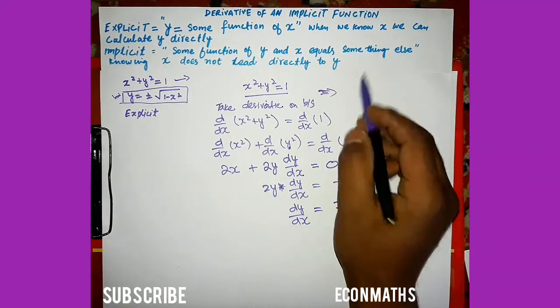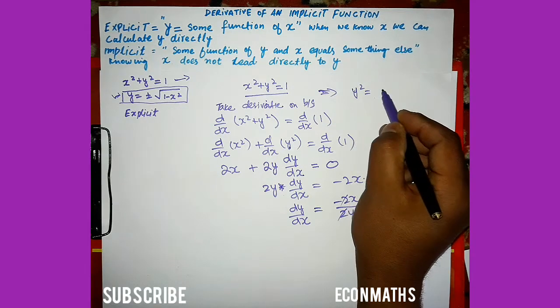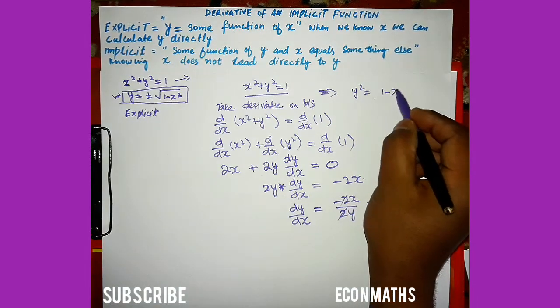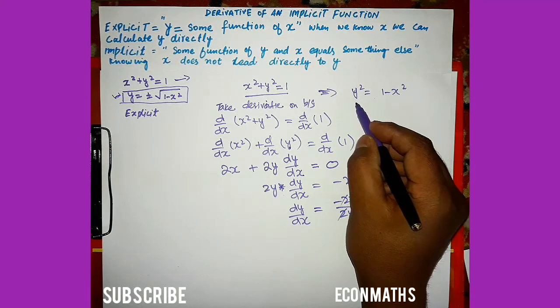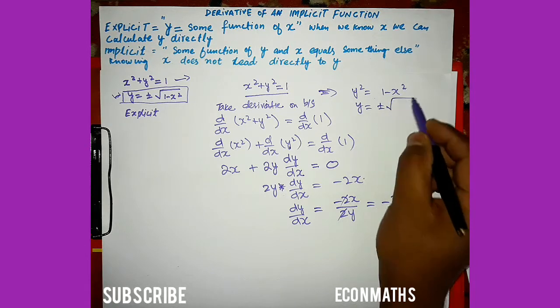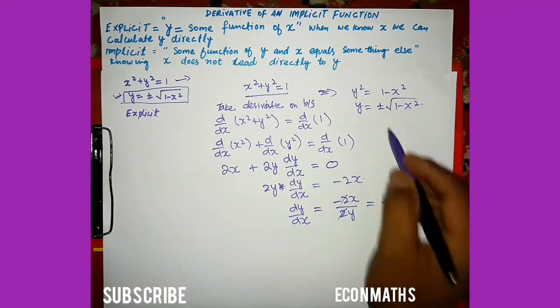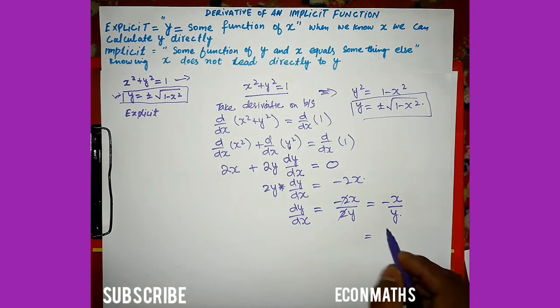Now the value of y: we can write y square is equal to 1 minus x square. Now taking the square root on the RHS, y is equal to plus or minus the square root of 1 minus x square. We will take the positive root here, so this will become minus x divided by the square root of 1 minus x square.